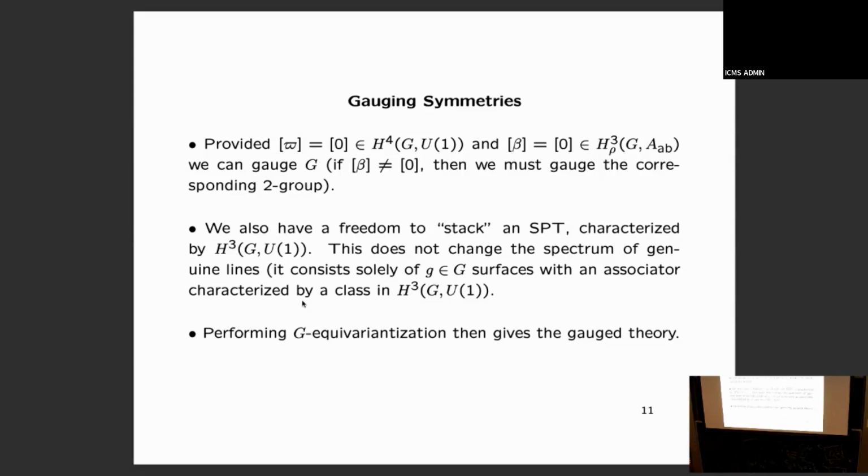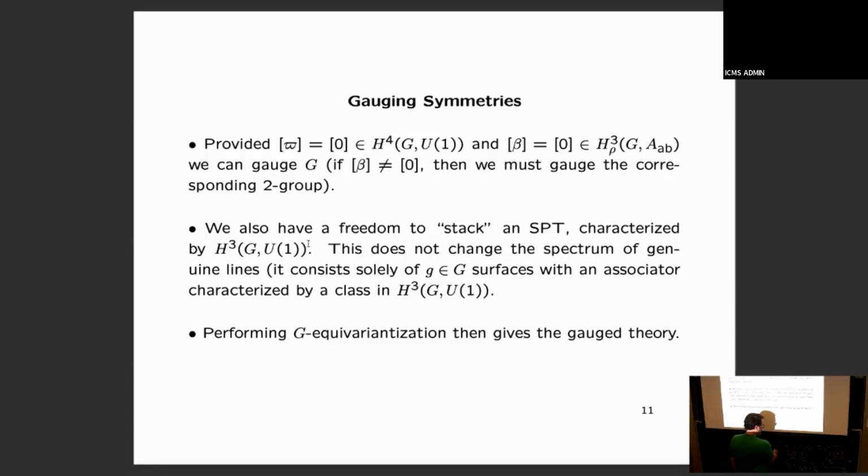In particular, in 2+1 dimensions, we have the ability to add SPTs labeled by H^3(G, U(1)). These are essentially a theory of surfaces and unique boundary conditions for surfaces.